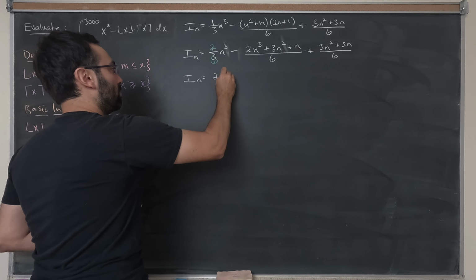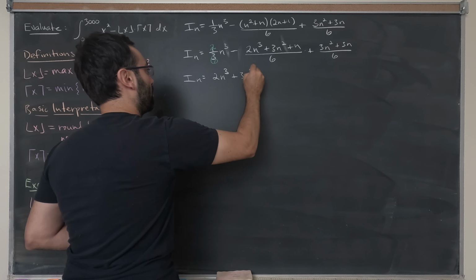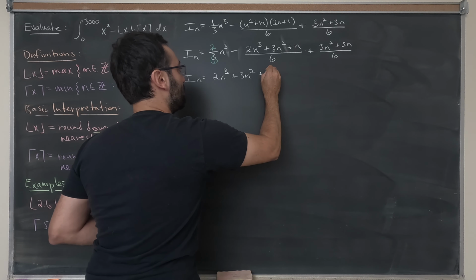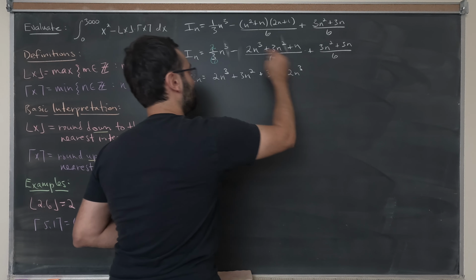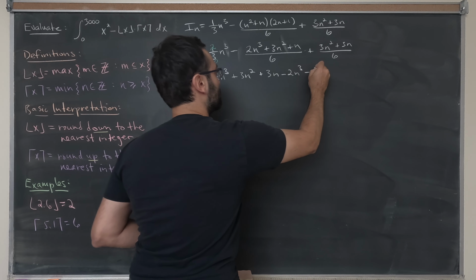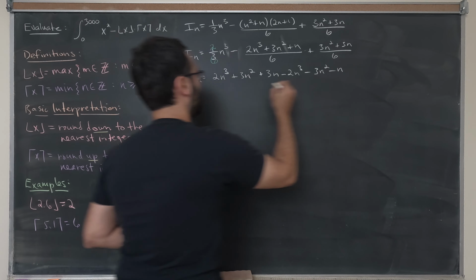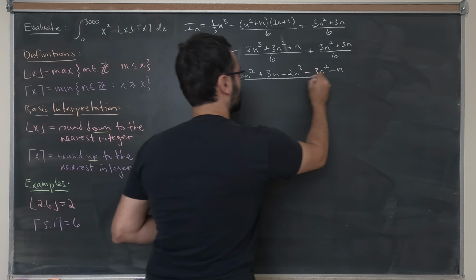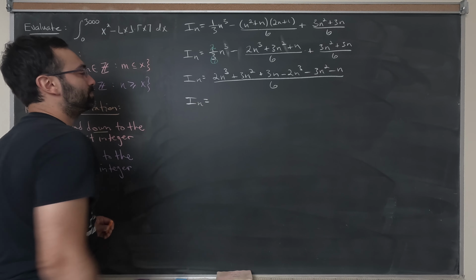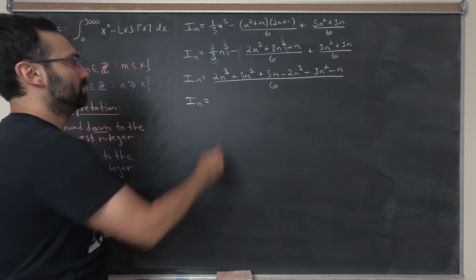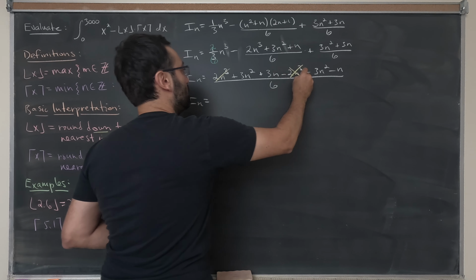2n cubed plus 3n squared plus 3n minus 2n cubed minus 3n squared minus n, all divided by 6. And so I sub n is now what? 2n cubed minus 2n cubed, those cancel out.